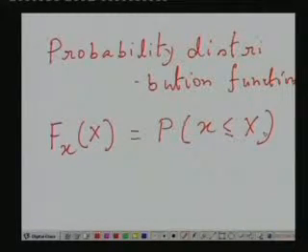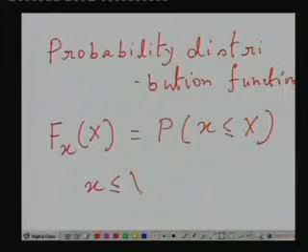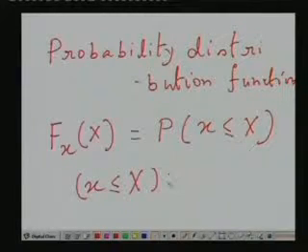Let me explain. Capital X here is a real number in this case, and this corresponds to an event. What event? The event for which the variable x takes values either equal to capital X, or less than or equal to capital X. Now, the probability of that is called the probability distribution function for the random variable x, F_x(X).